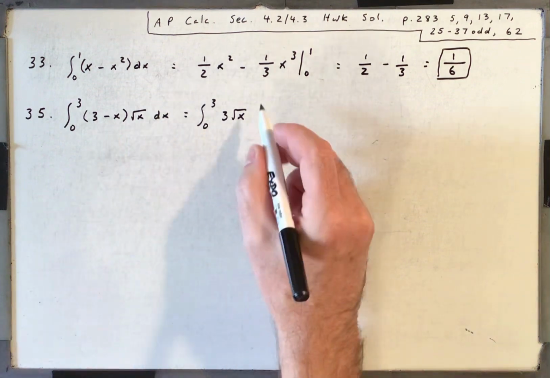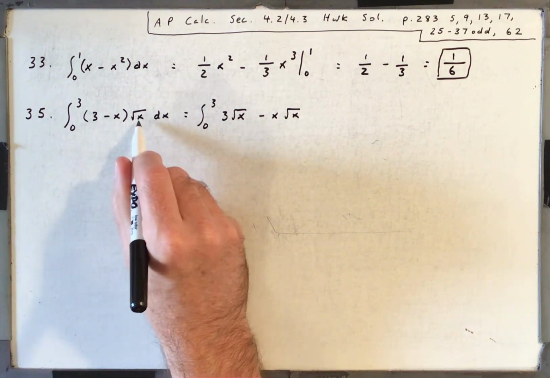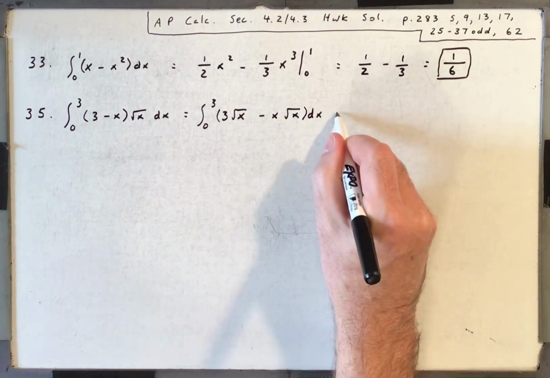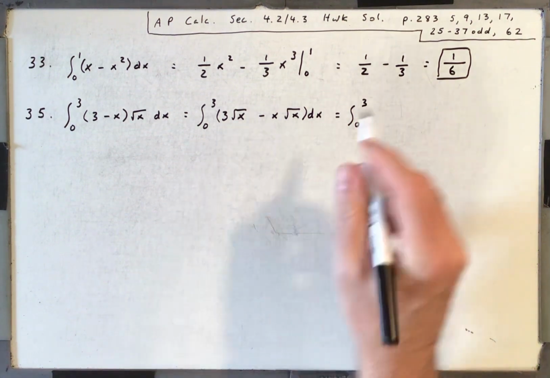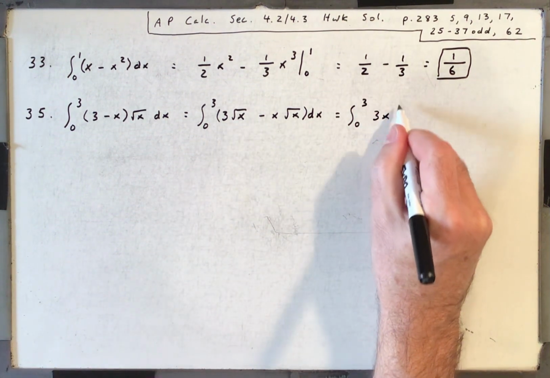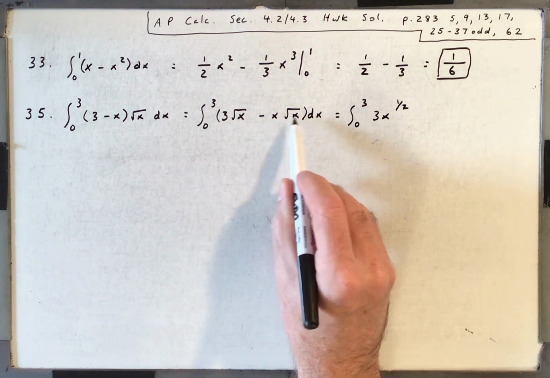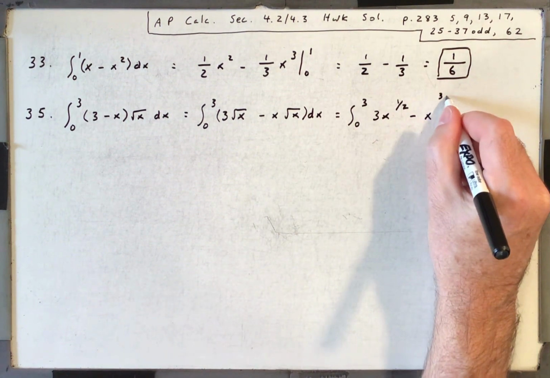I'm just distributing that root x, but I'm showing all this for illustrative purposes. So that's 3x to the 1/2, right? And then x to the 1 times x to the 1/2. 1 plus 1/2 would be minus x to the 3/2.